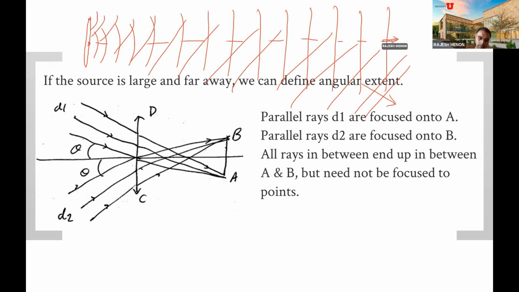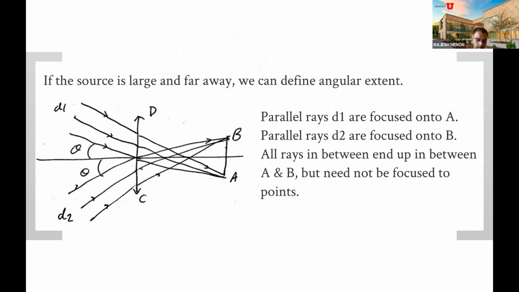So if I'm an observer on Earth here, what I see is light coming at different angles. So instead of having a physical distance, I will think about angular distances. This is the angular extent of the sun. And in the case of a cloudless day, the angular extent of the sun turns out to be approximately half a degree. You can easily measure this.